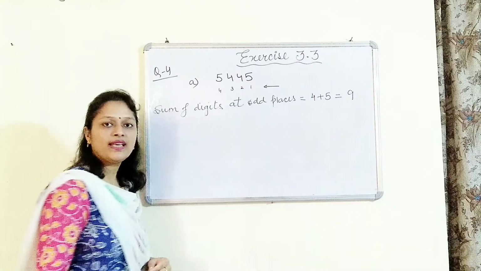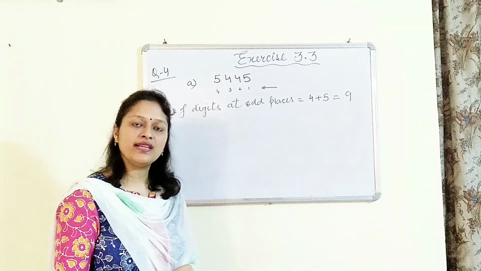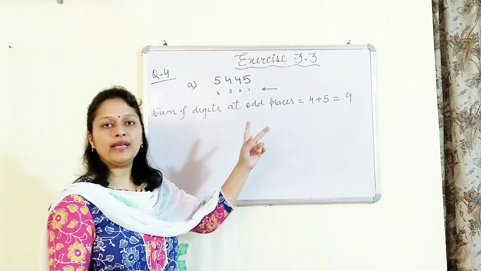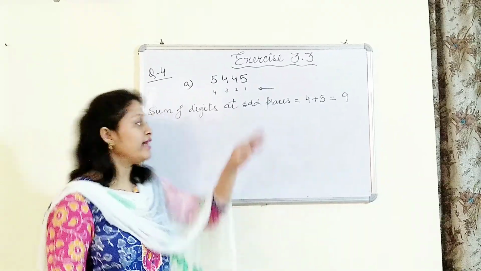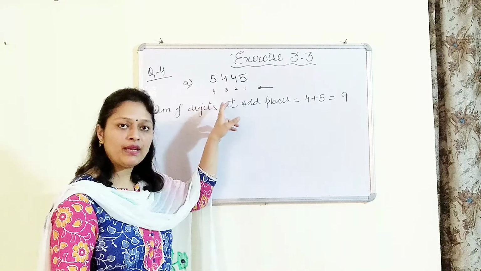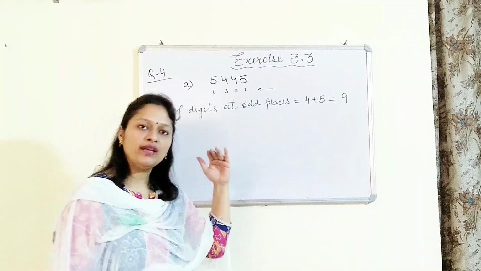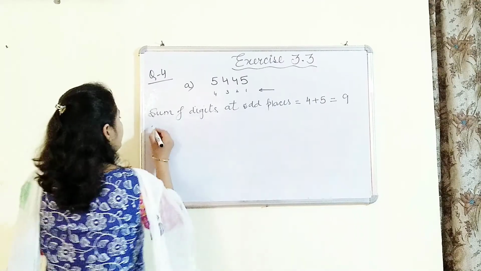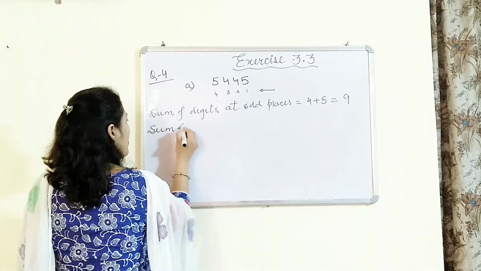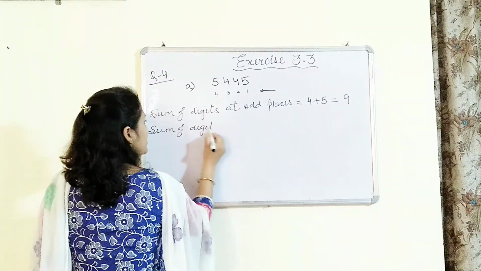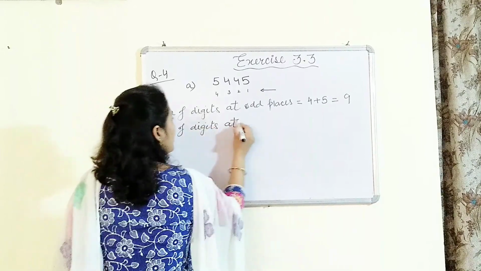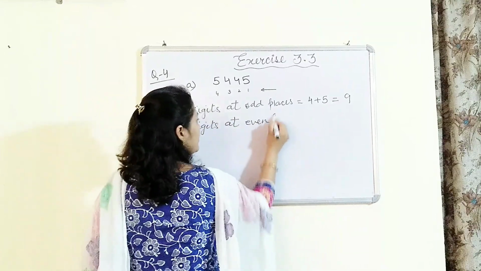Now, the next thing is to find the sum of digits which are at even places starting from the right side. 2 and 4 are the even numbers, so you have to find the digits at second and fourth place starting from the right side. Sum of digits at even places.